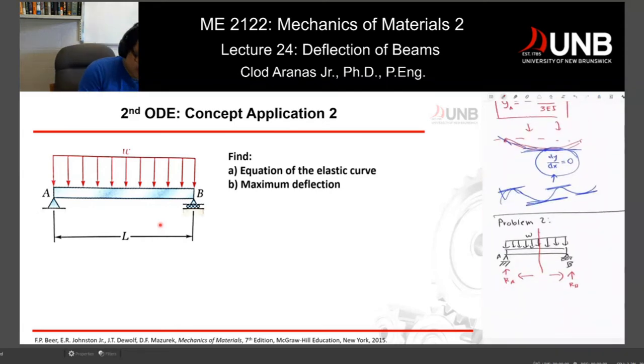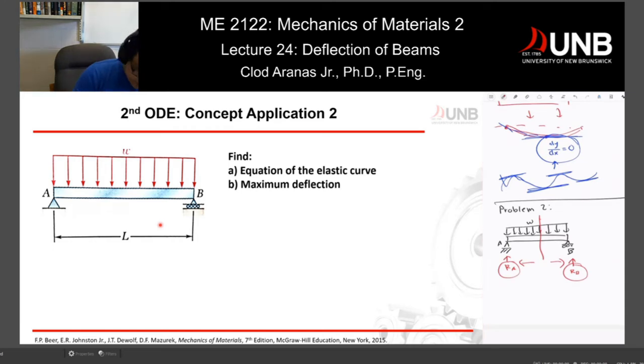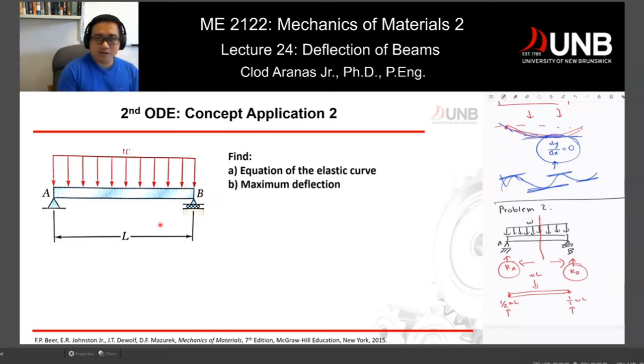We need the reactions at A and at B. I'm not going to solve it right now, but the total load would become WL, and each support reaction is 1/2 WL, pointing upwards.